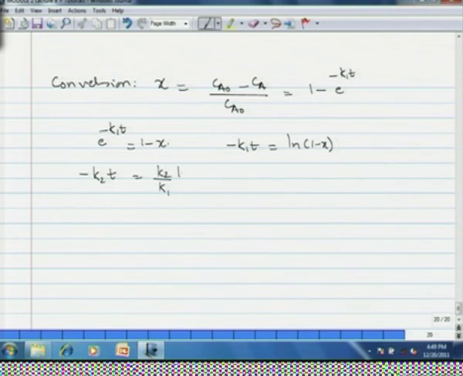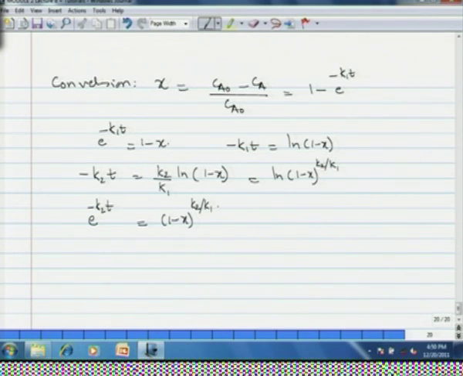This is all mathematical jugglery, you can very easily compute it, and therefore, e to the power minus k2t is equal to 1 minus x raised to k2 by k1.